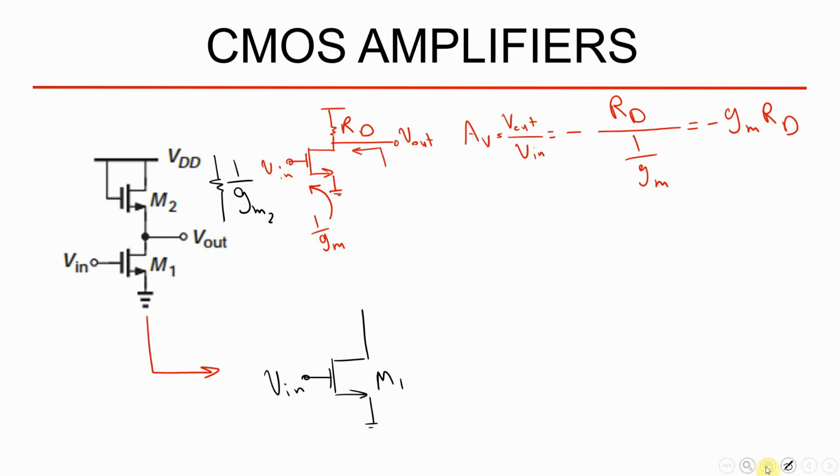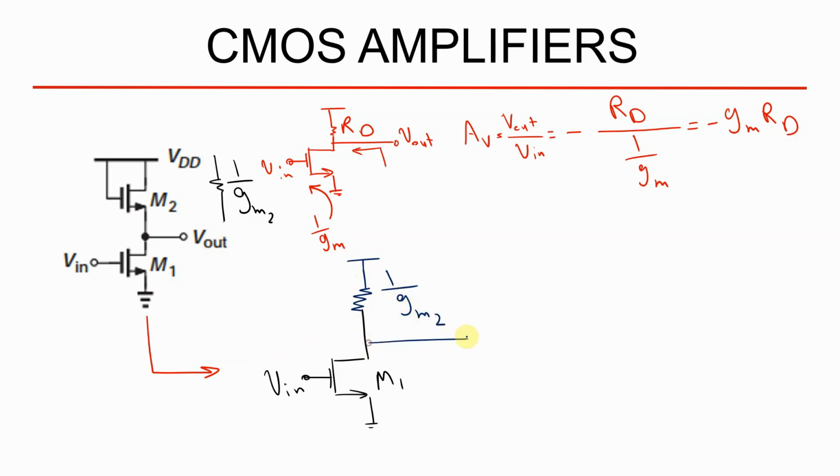There was a simple improvement for this, and I use it a lot actually, so try to keep that in your mind. I replace M2 with a resistance with the value of 1 divided by GM2.